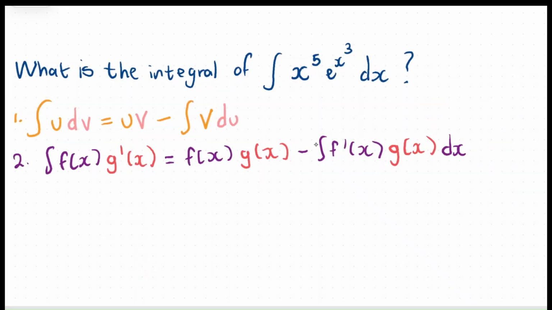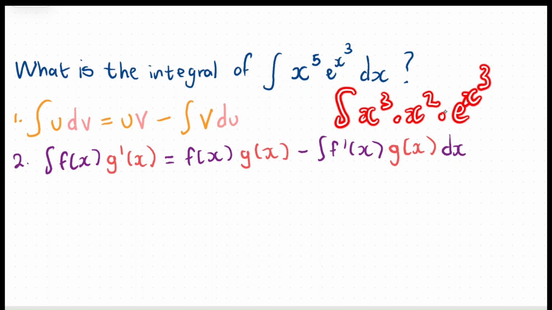One of the first things that we need to note is the fact that we see x to the power of 5 here, but then we see x cubed over there. And so whenever we want to solve an integral, especially when we see something that we can break down, then let's go for it, break it down. And so it would be x cubed times x squared times e to the power of x cubed.